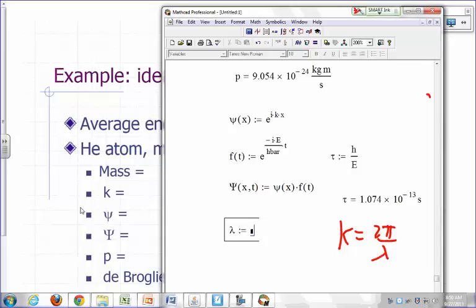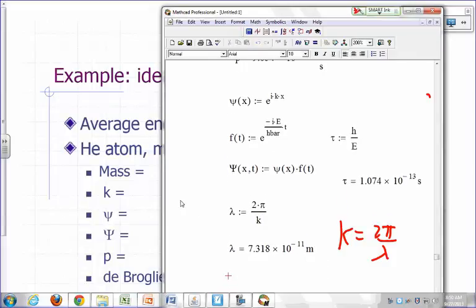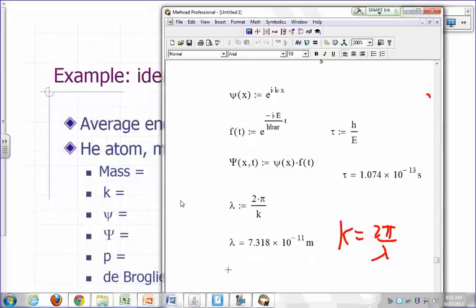Lambda is 2 pi over k, right? 2 times pi over k. So lambda is 10 to the negative 11 meters. So 7 times 10 to the negative 11. So that's about 0.7 angstroms. An angstrom, if you recall, is 10 to the negative 10 meters. So this is about 0.7 angstroms.